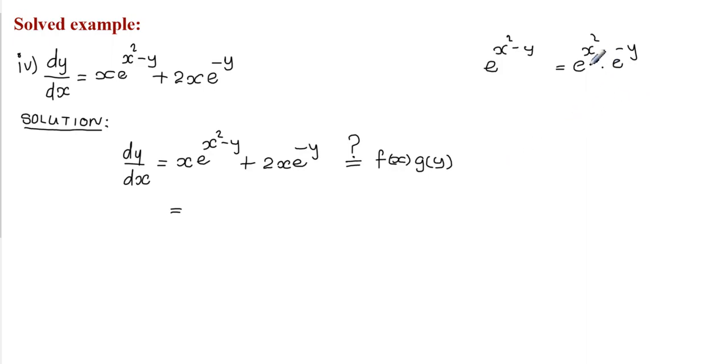Once I've written this like this, I can draw out e to the power minus y here as a common factor. Then I write this as follows: e to the power minus y, in brackets, x e to the power of x squared plus 2x.